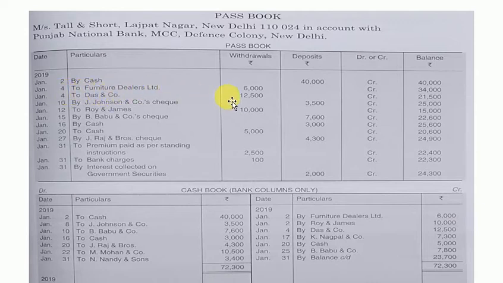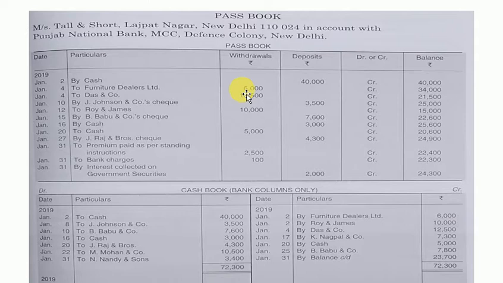So the amount is withdrawn from the account of Messrs. Tall and Short on January 4th. Therefore, the balance reduces to 34,000. So what I'm trying to say is, this check of 6,000 appears both in the cash book as well as the passbook.